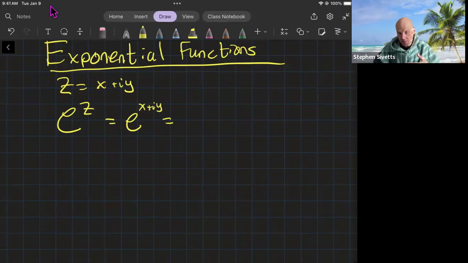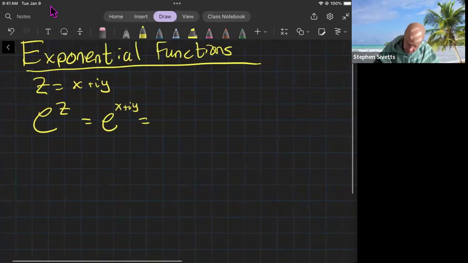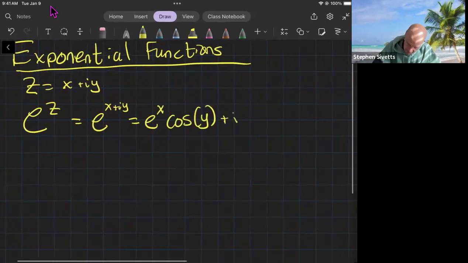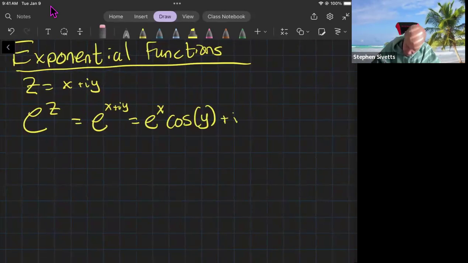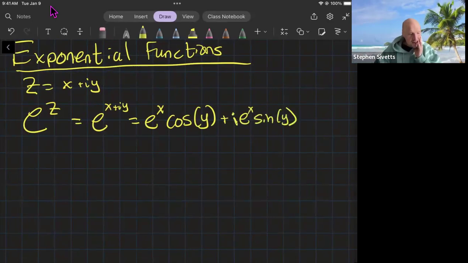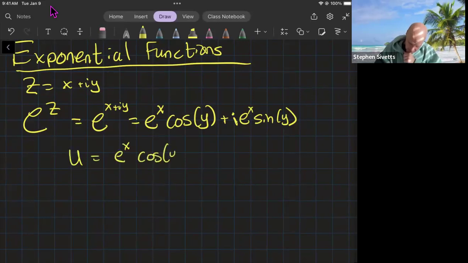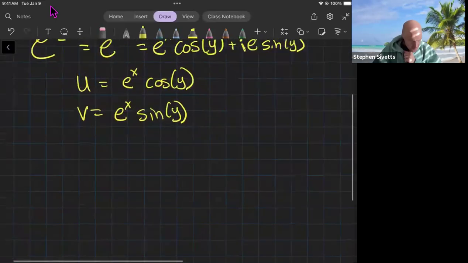In terms of the real and imaginary components, this equals e to the x times cosine y plus i times e to the x times sine y. That's the definition of the exponential function. So the real part is u equals e to the x cosine y, and then v is equal to e to the x sine y.